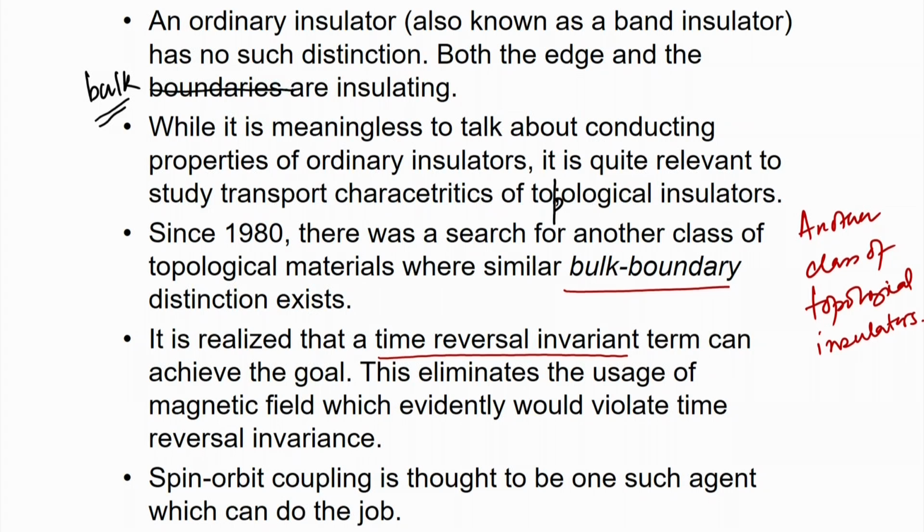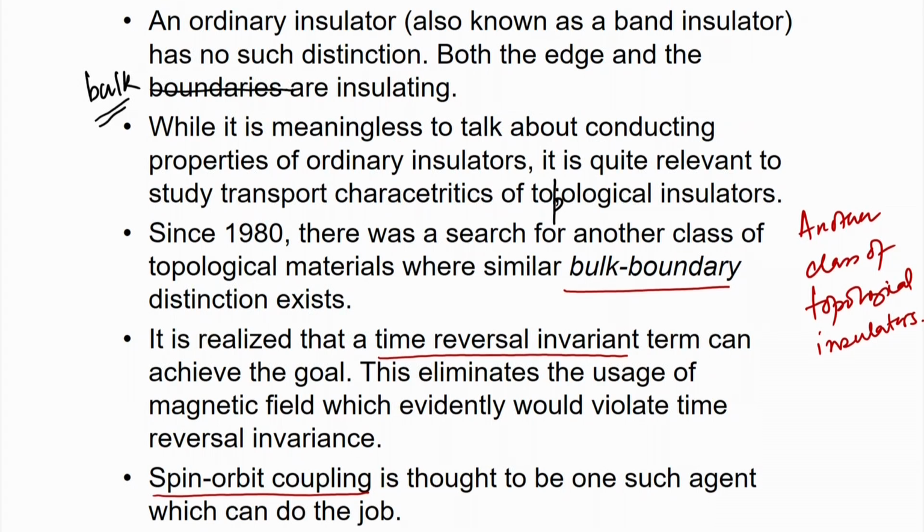Now, what is understood is that a spin orbit coupling which is strong enough to give visibility to this effect could be thought of as an agent which can do the job, that is, get another class of topological insulators other than, of course, the quantum Hall systems which we have seen.